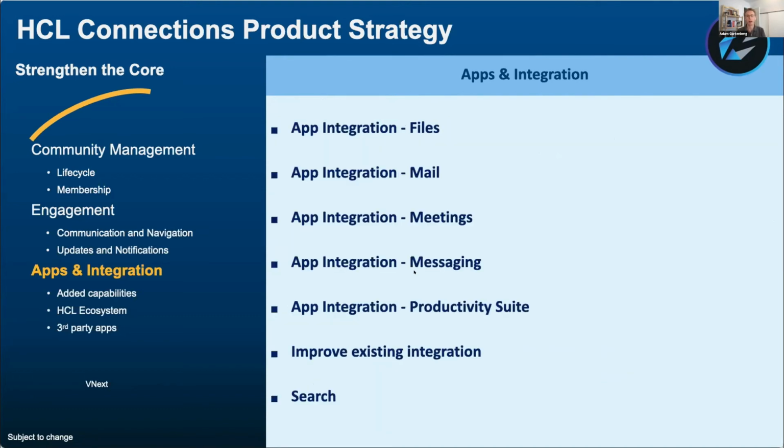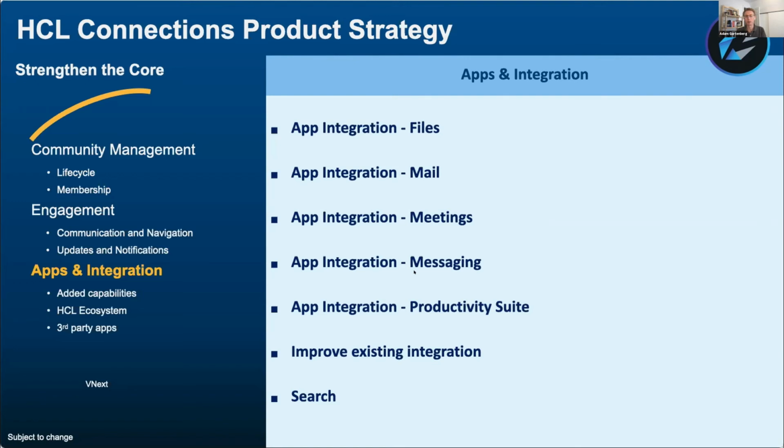And so here we found, as we went through to classify these, you can see we group them together by application. So it might be application integration to files or mail or meetings or messaging. Productivity suite, there were a number of requests for that as well as improving existing integration.